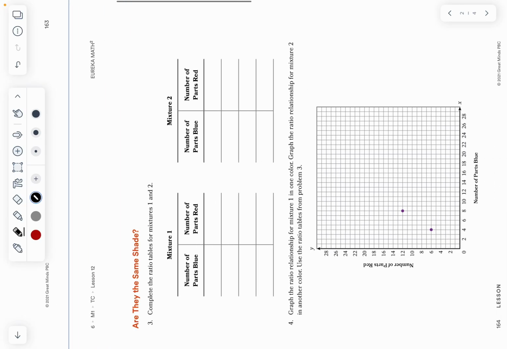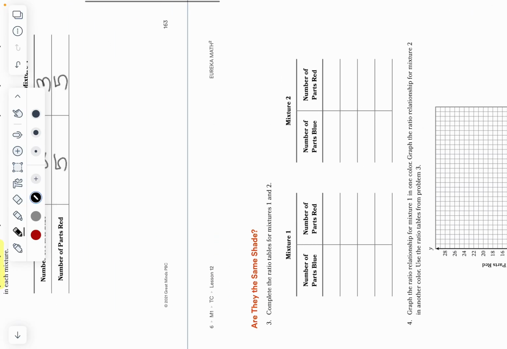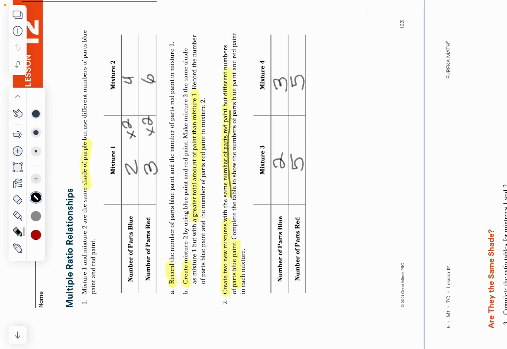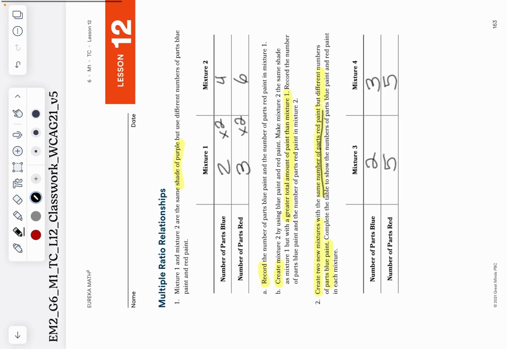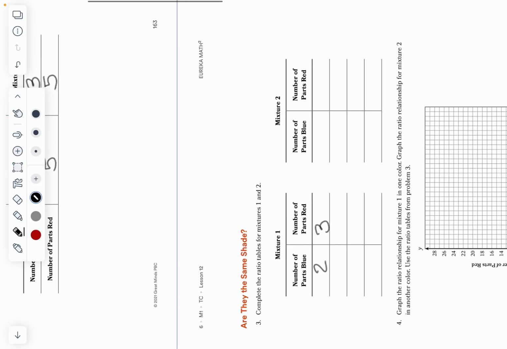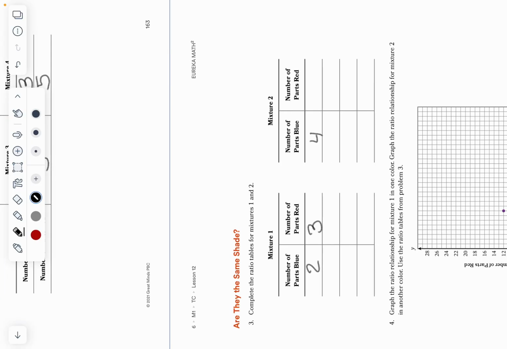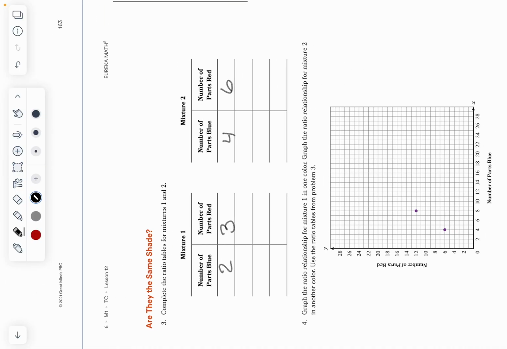All right, number 3 says complete the ratio tables for mixtures 1 and 2. So if you go back to mixture 1, my ratio is 2 to 3. And my ratio for mixture 2 is going to be 4 to 6. I'm just getting this from problem number 1. So if we make a ratio table, I'm going to double this, so double 2 and I would get 4, double 3 and I would get 6.